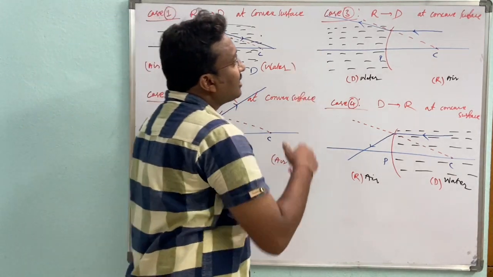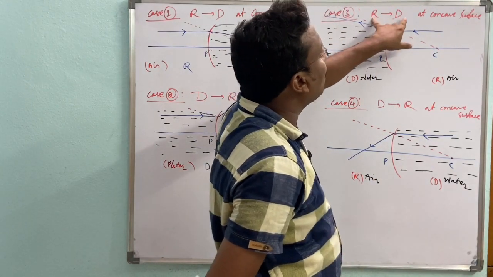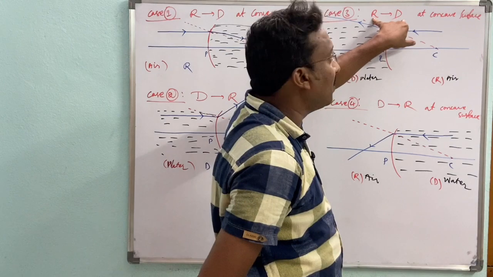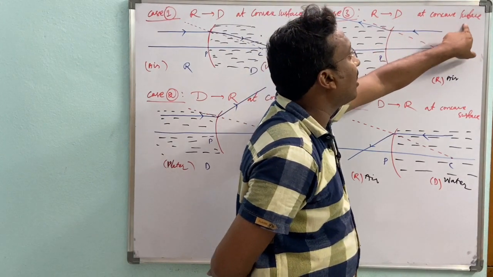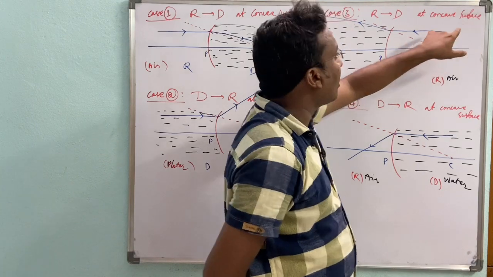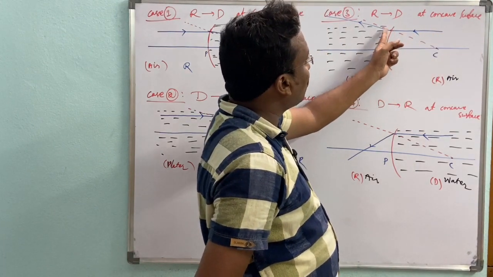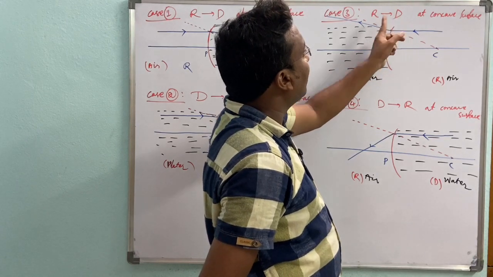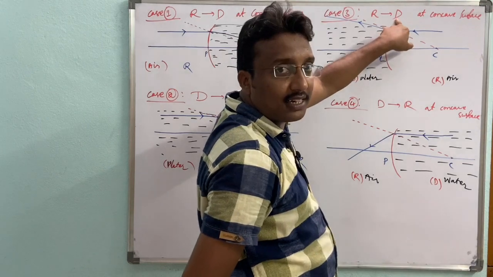And in case 3, the ray passes from rarer to denser medium by striking a concave surface, then it bends towards the normal because the refracted ray enters into the denser medium.